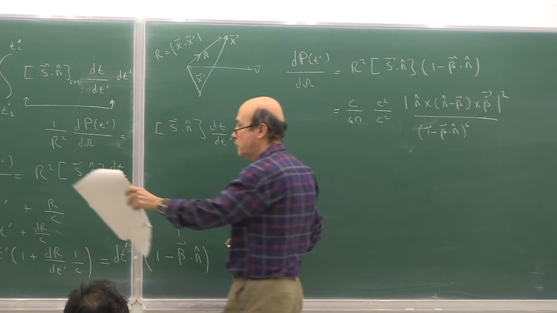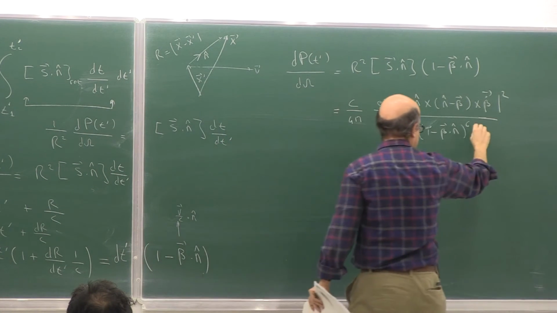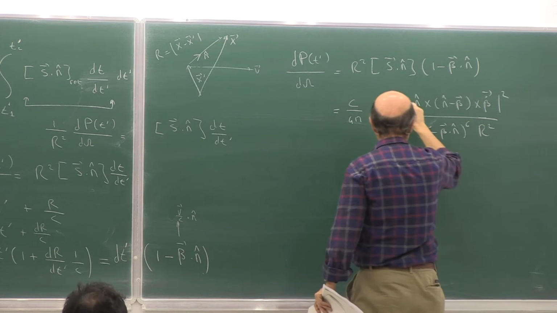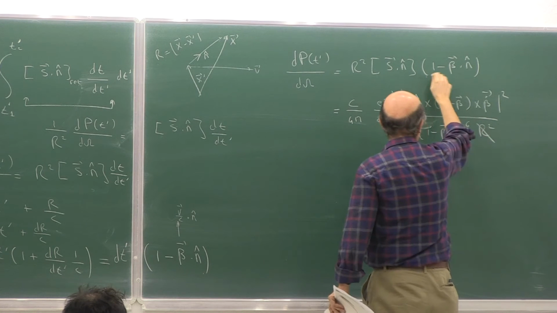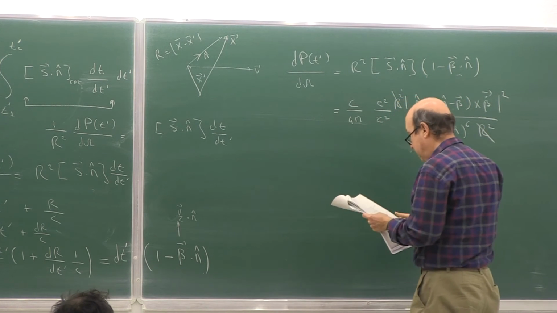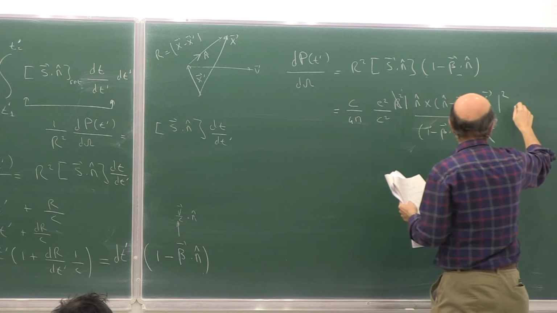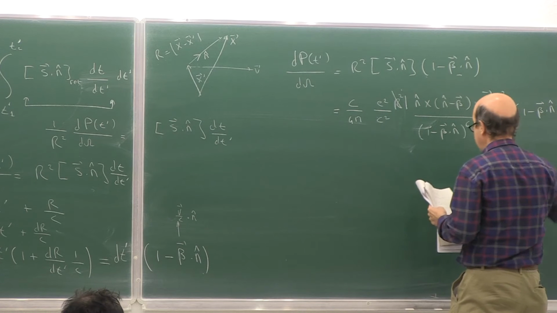We have r square here and r square there, that will be cancelled out, and we have a factor, when we carry the coordinates with the reference frame of the charge, that is 1 minus beta dot n.